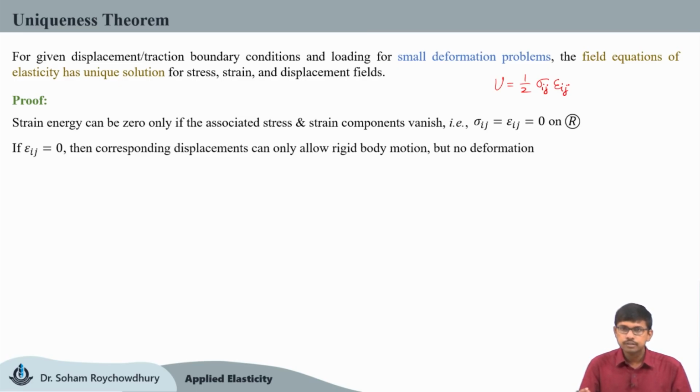Now, if you use the displacement boundary conditions, at a few points on the boundary, displacement boundary conditions are prescribed on gamma u, where ui is 0. So, ui being 0 at the boundaries and the body having rigid body motion only, we must have ui to be 0.